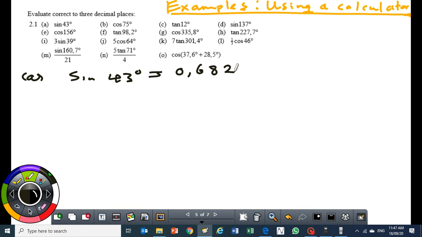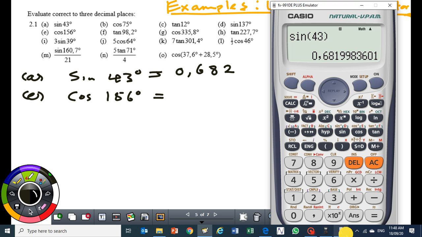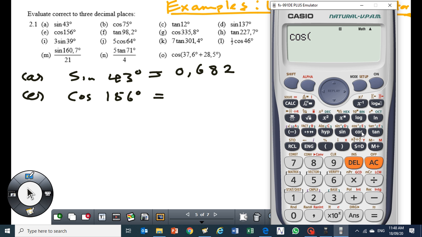Right, then let's carry on. So I've chosen one for sine. Let's do one which has cos, like E. So you have cos 156 degrees. Now this would be equal to, you press cos, it's 156, and then you press equals, gives you negative 0.914.